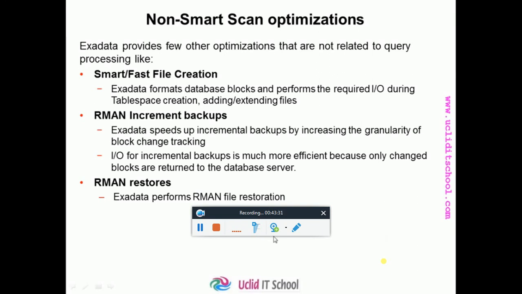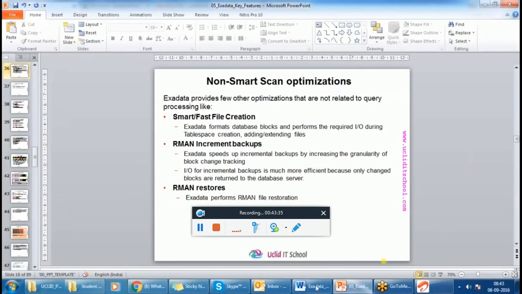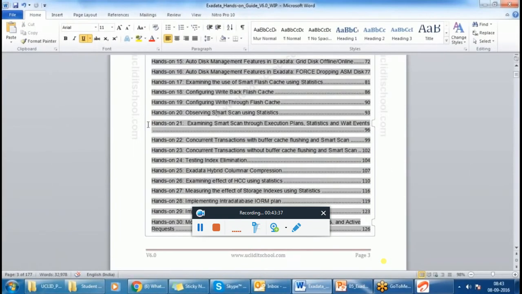So let me show you the hands-on lab practices related to today's topic. Lab 20: observing smart scans using statistics, and examining smart scans through execution plans, statistics, and wait events.